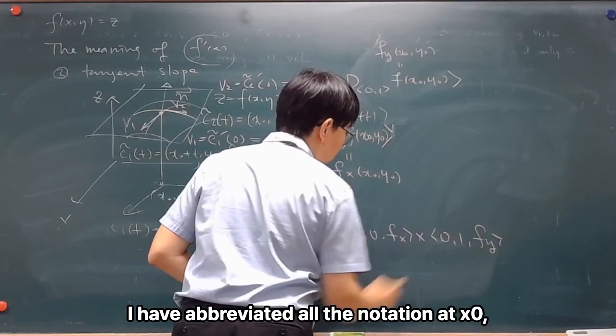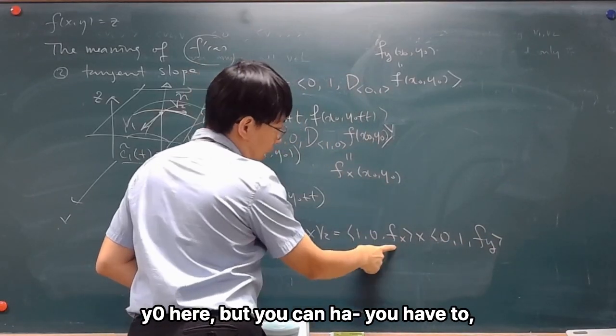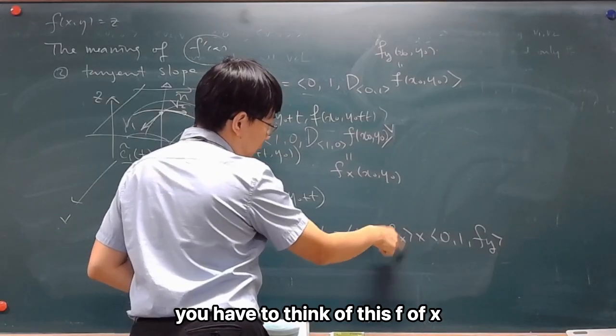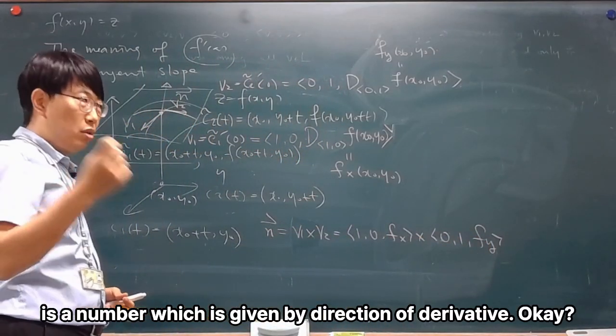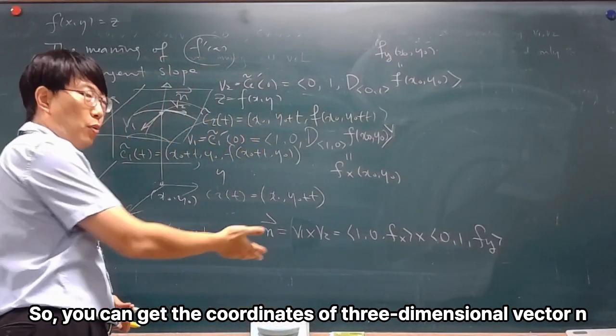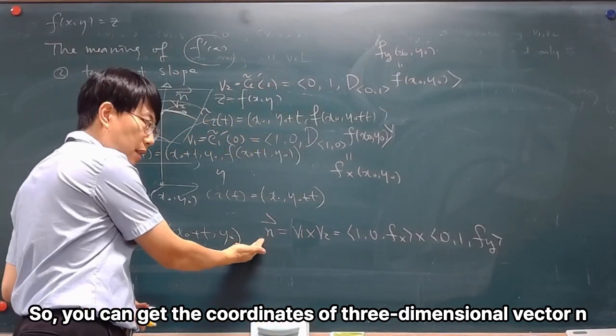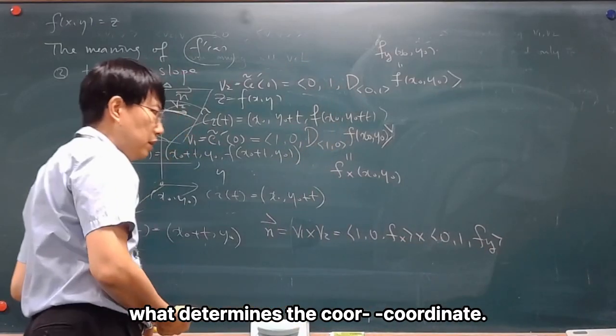Of course, I have abbreviated all the notation x0, y0 here, but you have to think of this f of x and f of y as a number which is given by the directional derivative. Okay, so you can get the coordinates of the three-dimensional vector n.